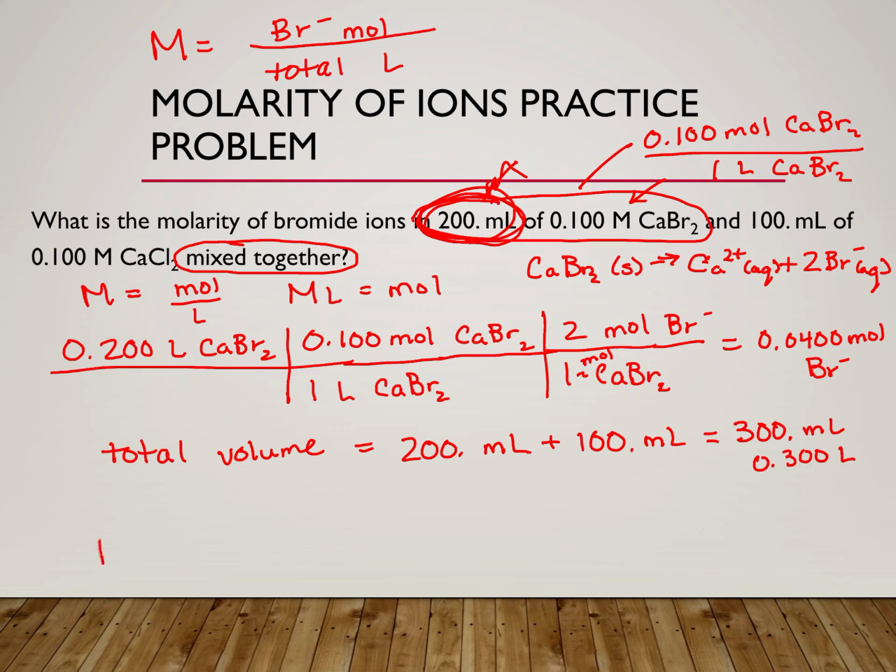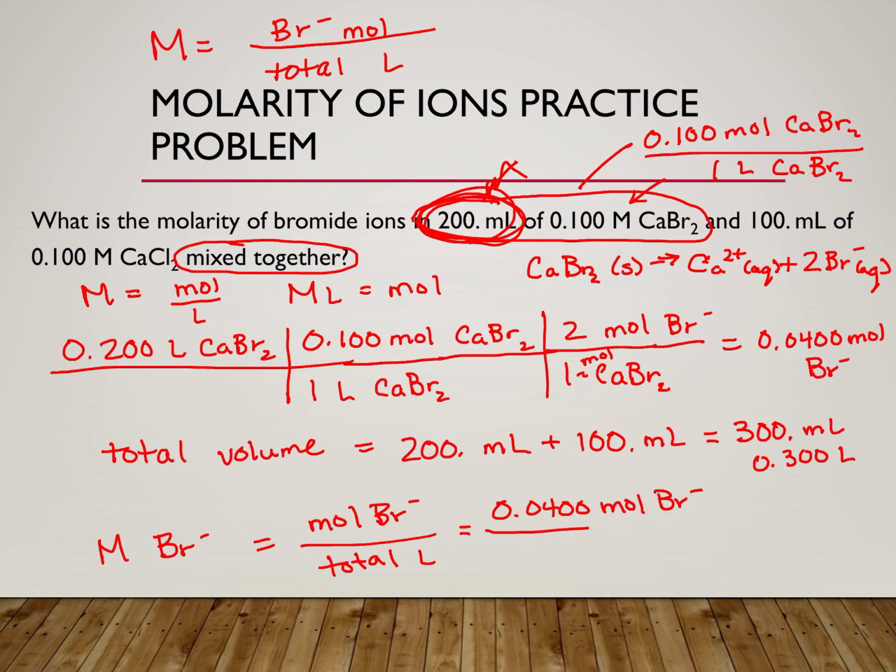So now we can calculate the molarity of our bromide ions by doing our moles of bromide over our total volume. So our moles of bromide, we have 0.0400 moles of bromide, and our total volume is 0.300 liters. And then when we divide that up, we will get 0.133 molar bromide.